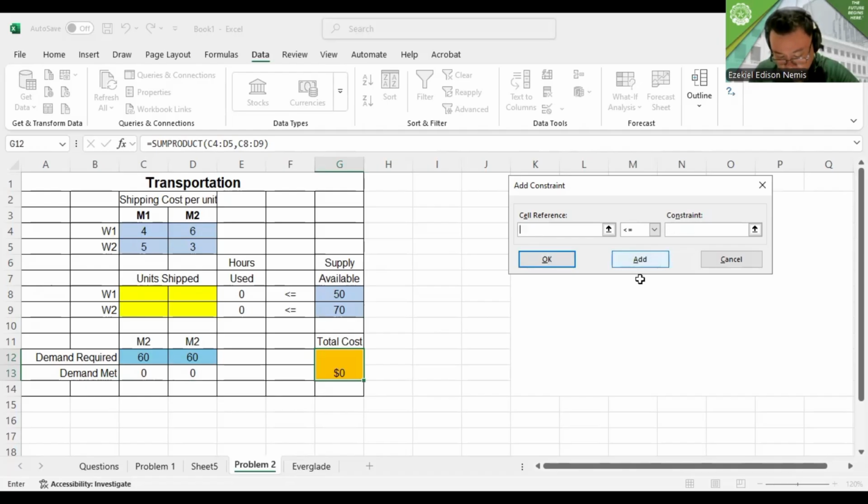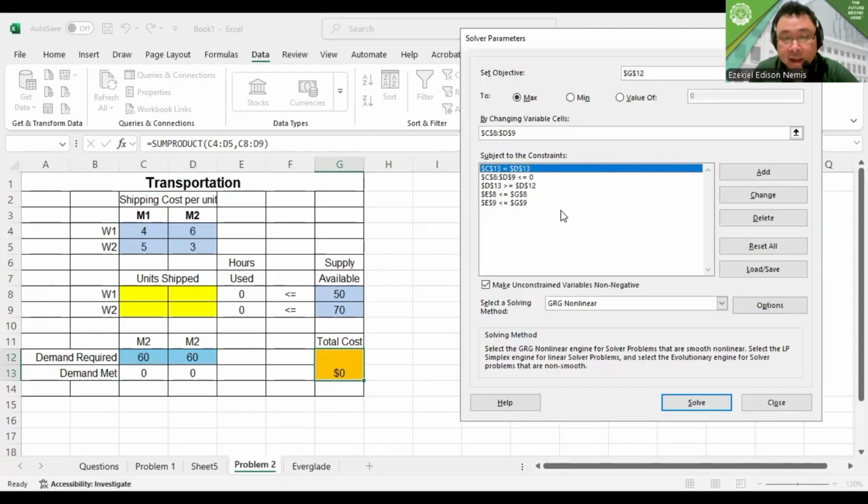And then we have D13, equal to D12. Add. To check if we are completed, let's click cancel.